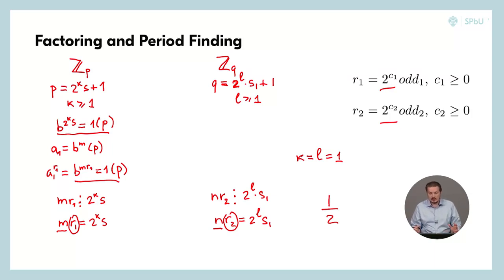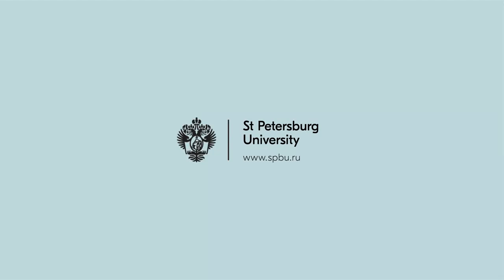And that means that with at least this probability, 1/2, we are lucky. And 1/2 doesn't sound too bad. So let this be the probability of our luck. And we can now proceed further to the quantum Fourier transform.